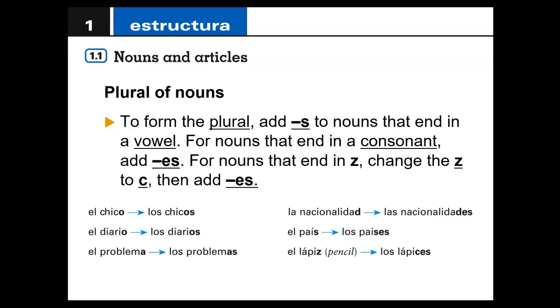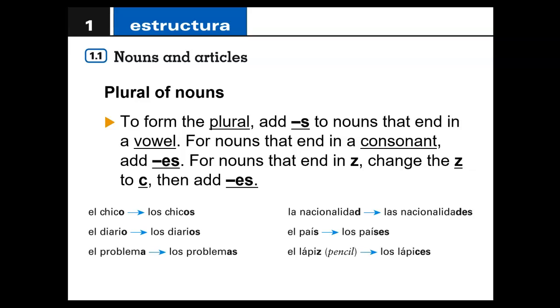So for example, el chico ends in a vowel, so all you're going to do is add an S. Then you have el diario, ends in a vowel, you're just going to add an S. Moving over to the one that ends in a consonant, la nacionalidad, I'm going to add ES, so now I have las nacionalidades.